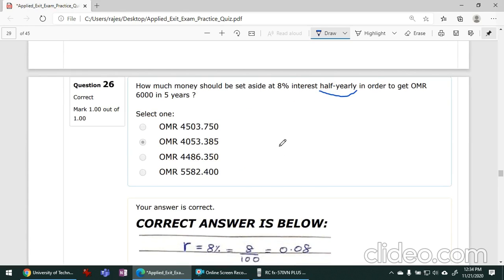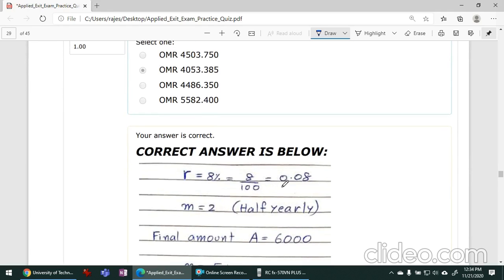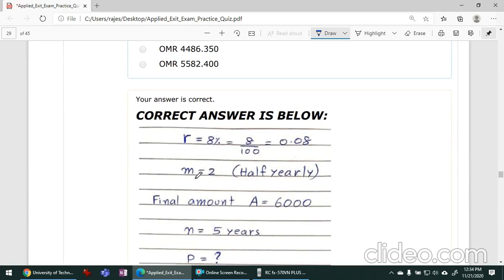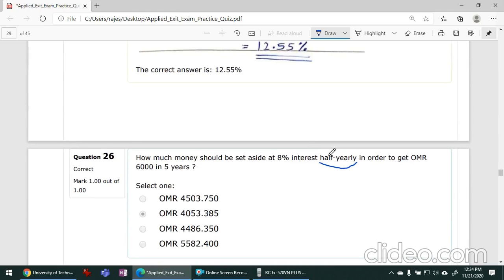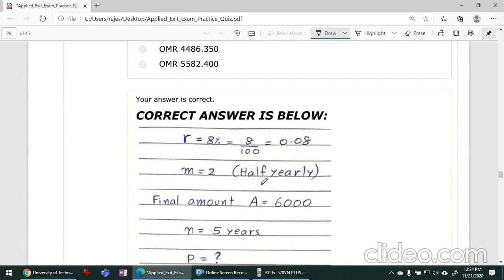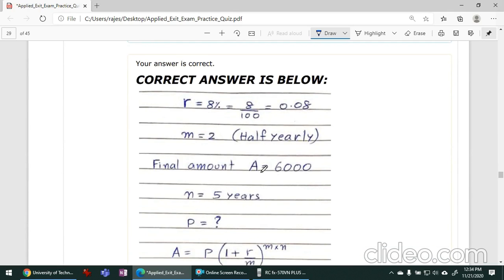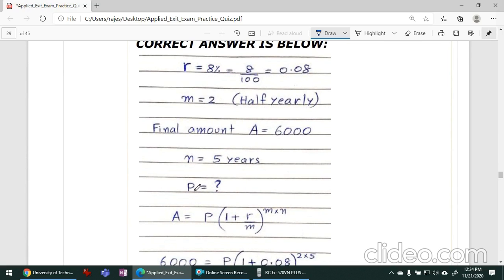R is 8%, that means 8 by 100, 0.08. M is 2 because half yearly. Half yearly means M is always 2. Final amount after 5 years is 6000, so A is 6000 and N, the number of years, is 5. I should find the value of P. How much should I deposit now?